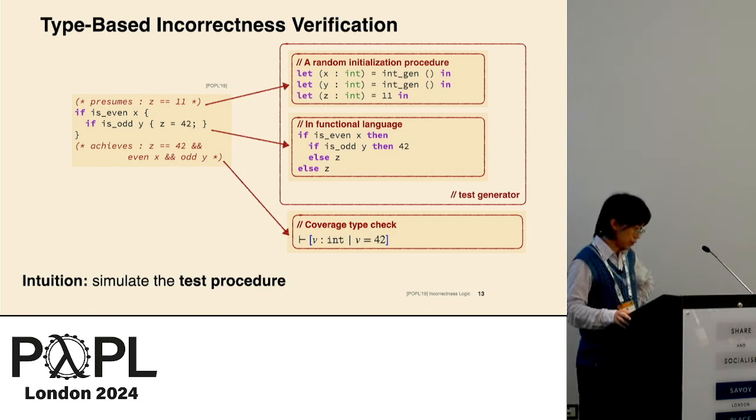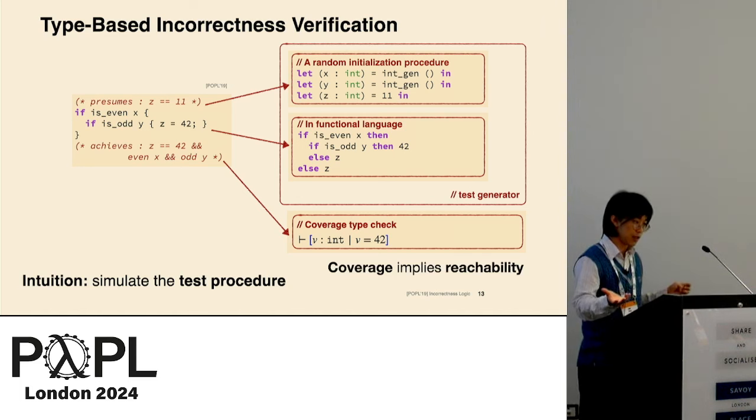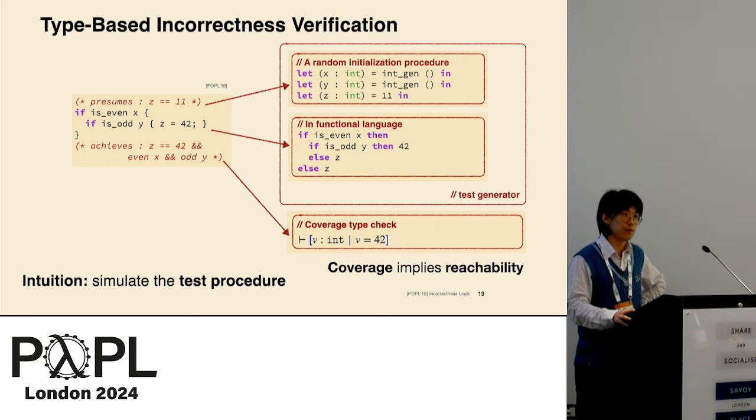That is the thing we're interested in. If the coverage type check succeeds, it means the whole test generator can cover the value 42. In other words, coverage implies reachability. It means that the program on the left-hand side indeed reaches z equal to 42. So that is how we do type-based incorrectness verification with the coverage type.